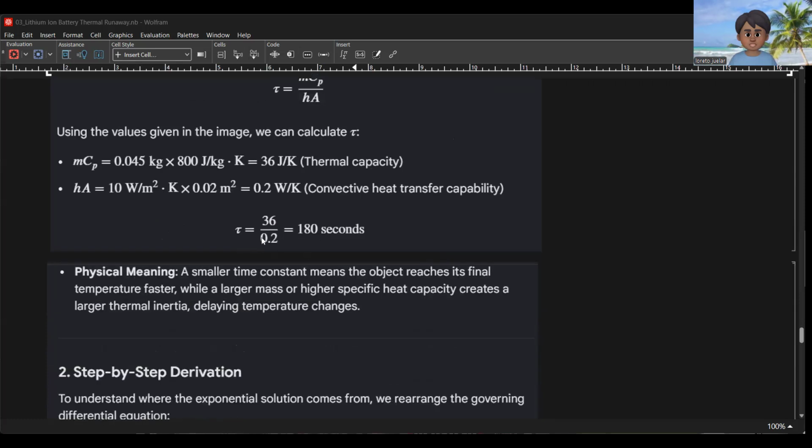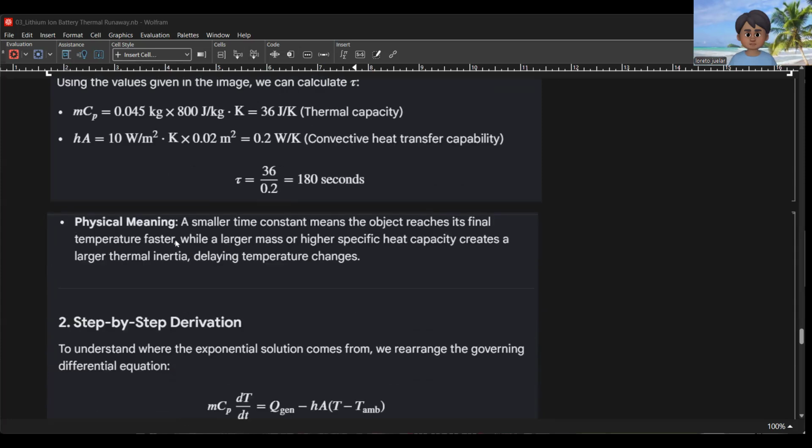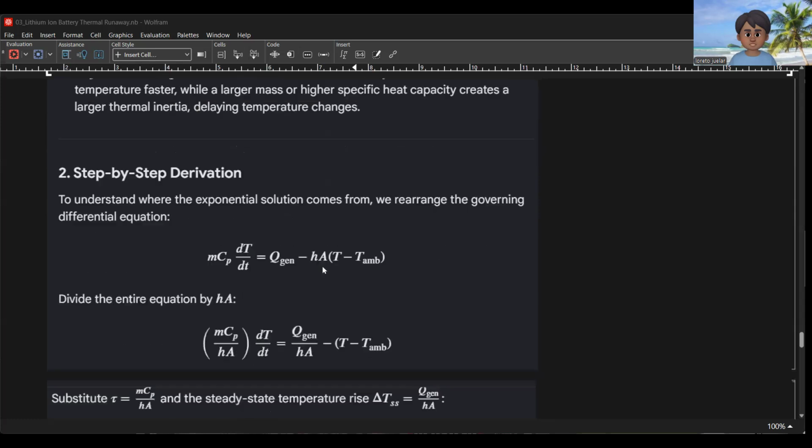So the time constant here is 180 seconds. We have the physical meaning here. A smaller time constant means the object reaches its final temperature faster, while a larger mass or higher specific heat capacity creates a larger thermal inertia, delaying temperature changes.